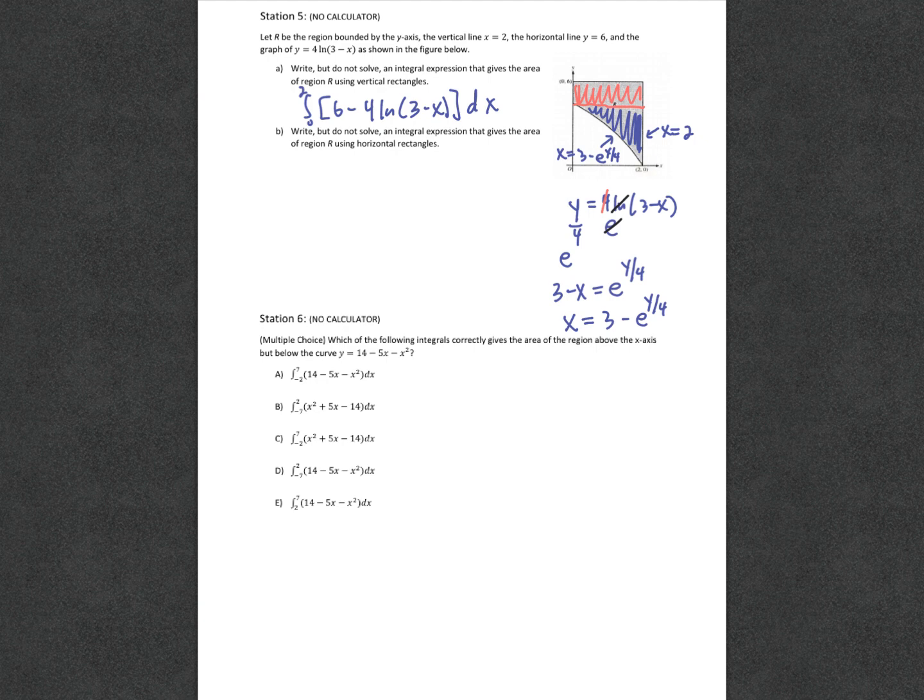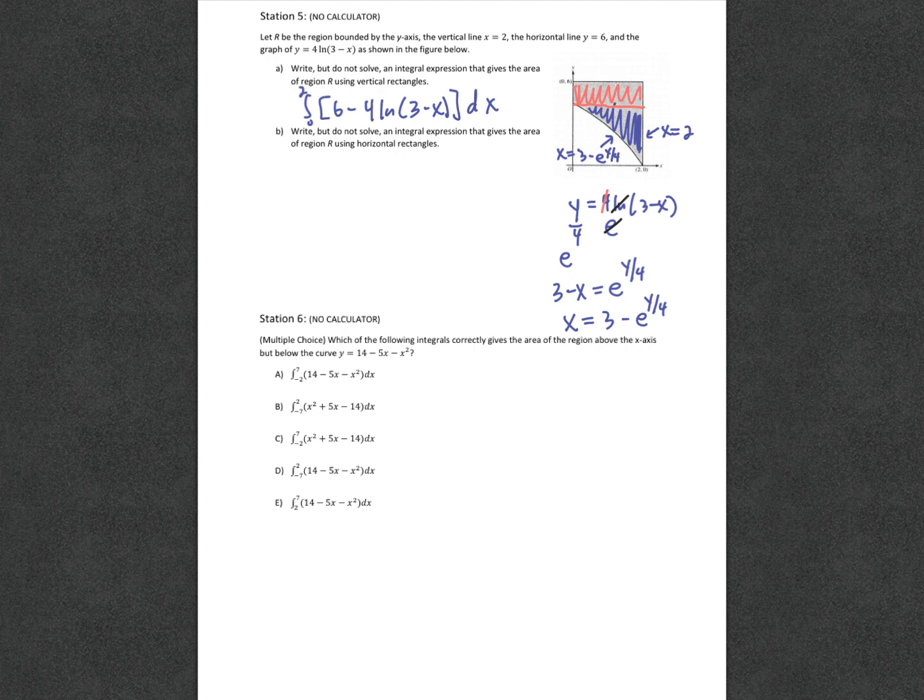So the only thing left is to get the limits. Everything's in terms of y, so the smallest y value that bounds this region is 0. And now we need this y value here, and we're going to need that for the other integral anyways. So we really have to get where this intersects this line. If we look at the original function, y equals 4 ln(3 minus x), if x is 0, that's the y value.